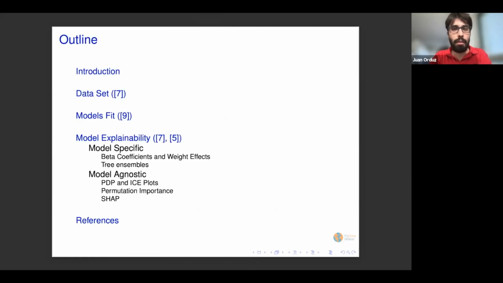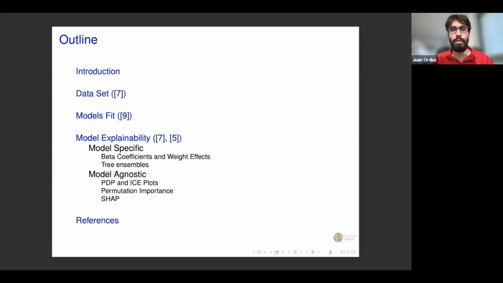Here's a brief outline of the talk. I will give a brief introduction about what we want to do today. We're actually going to see many of these techniques in a concrete example. So I'm going to describe the data set. Then we're going to fit a couple of models on which we're going to try to understand how they generate predictions and how features interact with each other.